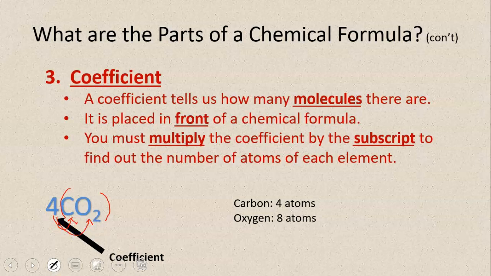So that means there are 4 carbons. There's no subscript there, so that's like an imaginary subscript of 1. So 4 times 1, so 4 carbons. And then in every molecule of carbon dioxide, there are 2 oxygens, but we have 4 molecules. So we have 2 oxygens 4 times, which is 8 atoms of oxygen.